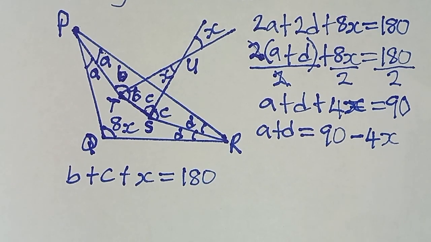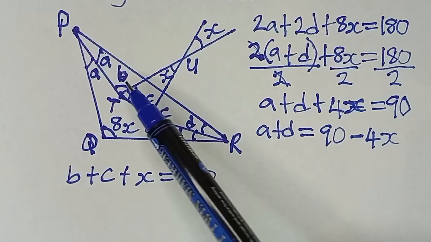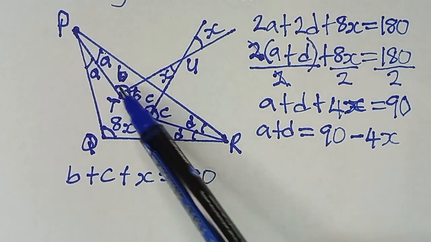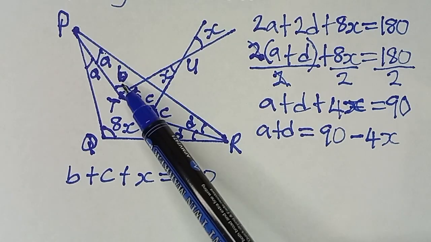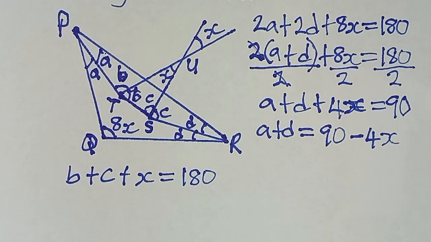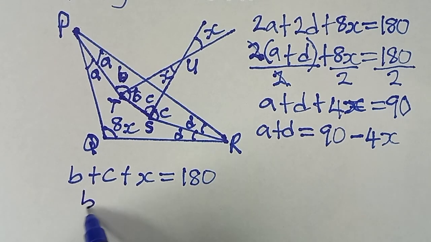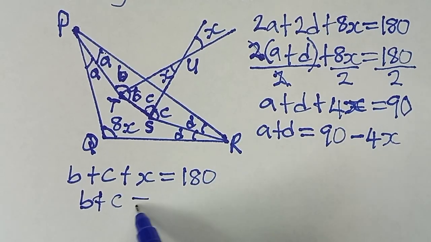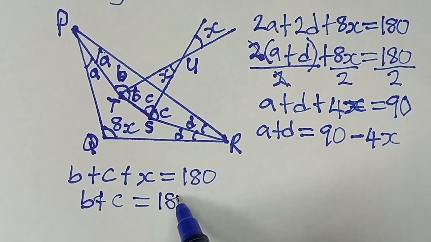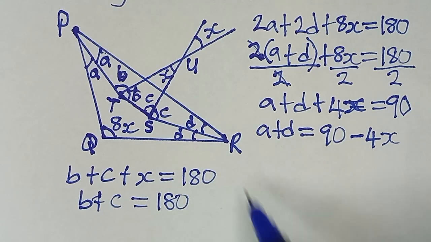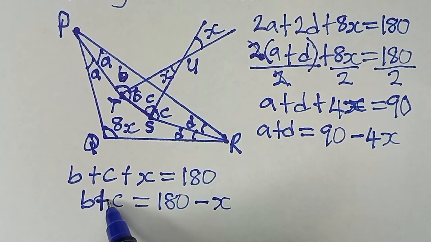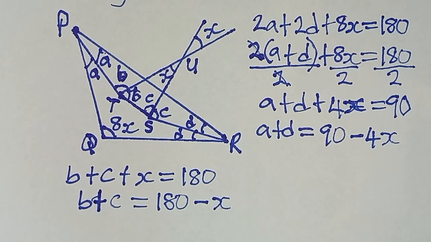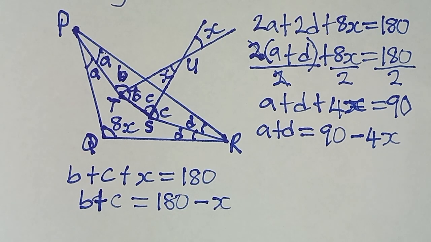From there, I can as well make B plus C the subject of the formula, because I'm still coming back to this shape to use B and C as well. Just as I'll be using A and D, I'll also be using B and C. So if I make B plus C the subject of the formula, B plus C will be equal to this 180, which is here already. Then this plus X, if it comes to this side, becomes minus X. So that means B plus C is equal to 180 minus x.